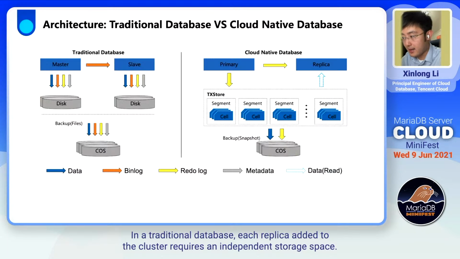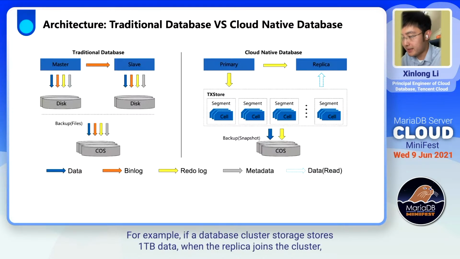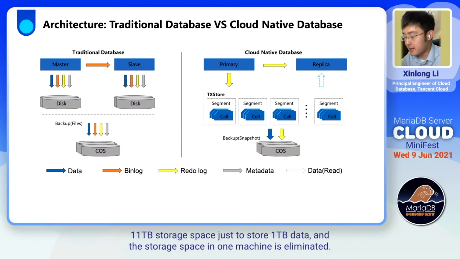Each replica added to the cluster requires an independent storage space. For example, if a database cluster stores 1 TB of data, when a replica joins the cluster, it needs 1 TB of space on its own machine. One cluster with 1 master and 10 replicas actually needs 11 TB of storage space just to store 1 TB of data. And the storage space in one machine is limited.